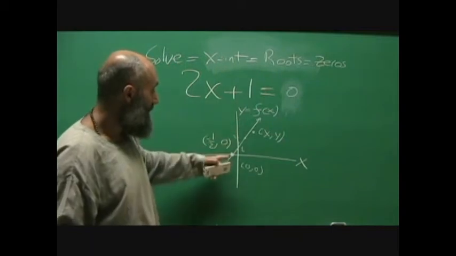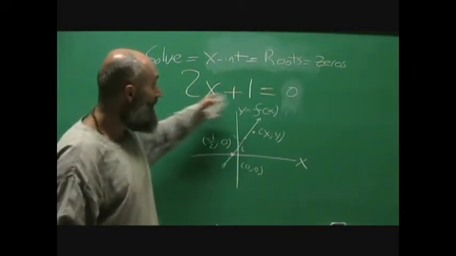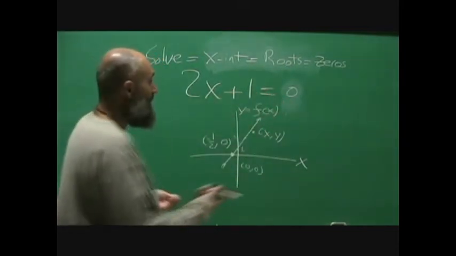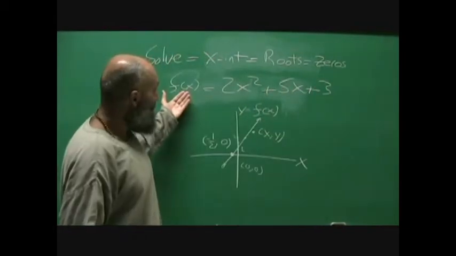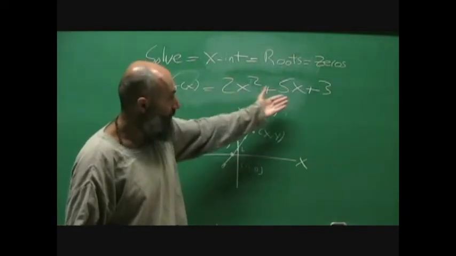They're asking you to find out when you're crossing the x-axis, no matter how complicated the function gets. This is just a linear equation, right? They could give you a quadratic equation. So when they give you a function like this, this represents a quadratic function.